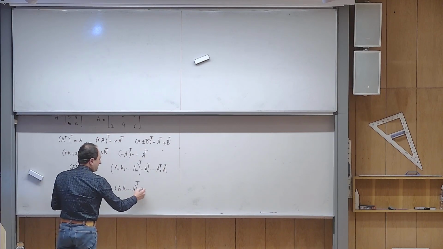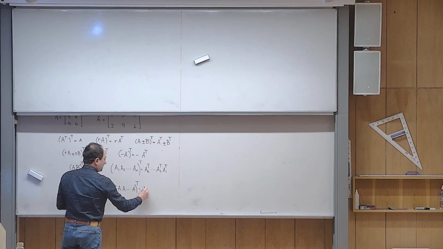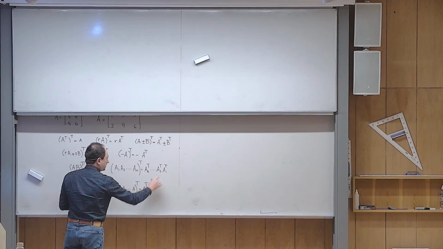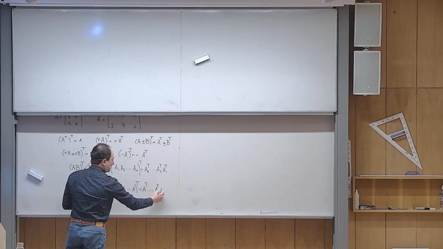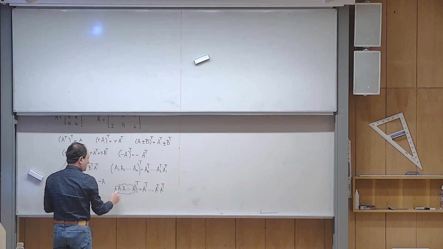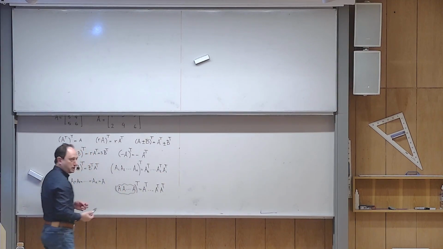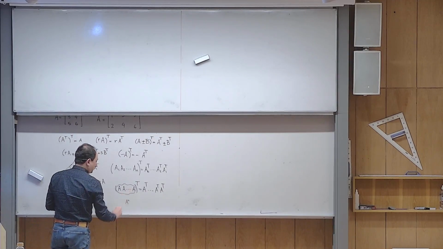On the right-hand side, I do the same thing: AN is A transpose, A2 is A transpose, A1 is A, so I have A transpose. Because this is the same matrix multiplied by itself n times, this becomes A to the power of n, and then transpose.